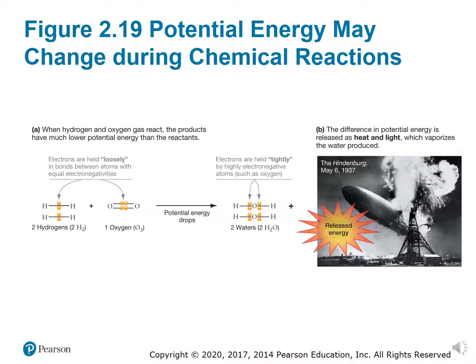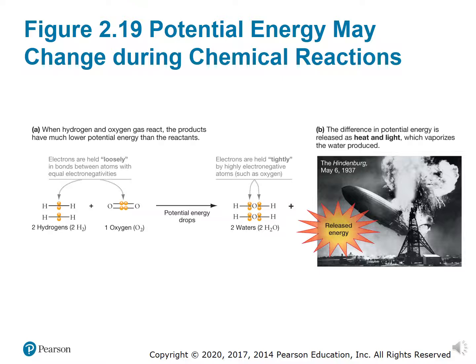Another type of spontaneous reaction is hydrogen gas and oxygen. Notice here there's a shift in electrons from nonpolar to polar covalent bonds, and this shift in electrons increases entropy.